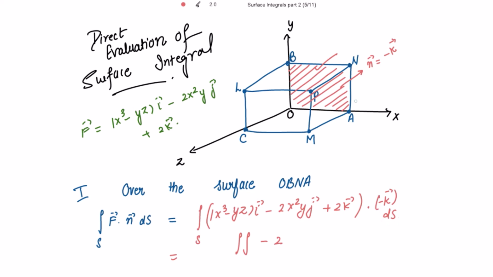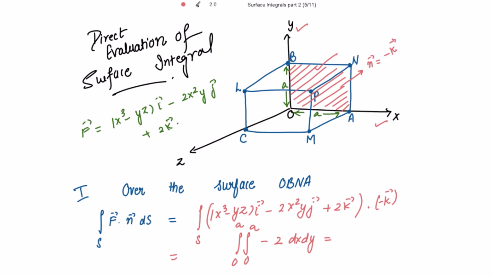And as this surface is on the x and y axes, this is dx dy, right? And the distance of point A from the origin is a, and also the distance of point B from the origin is a. So the limits of x is from 0 to a. The limits of y is also from 0 to a.